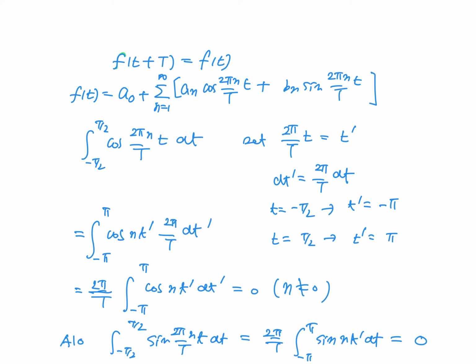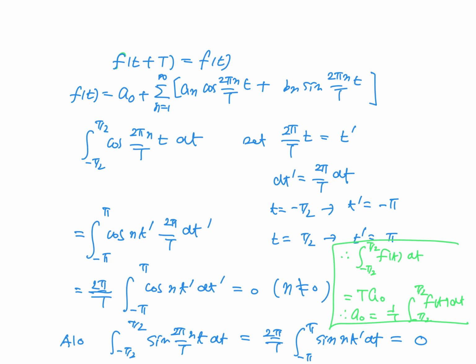So maybe I can use this space. 1 over T, the integral of f(t) dt, is basically a0 over 2, right? So a0 is 2 over T, the integral from minus T over 2 to T over 2 of f(t) dt.